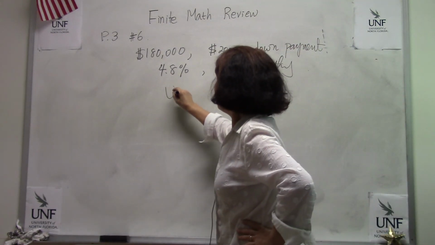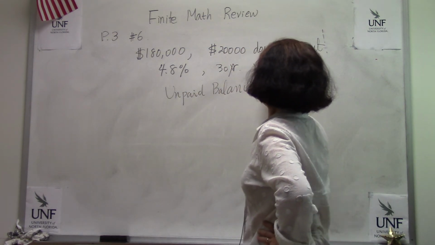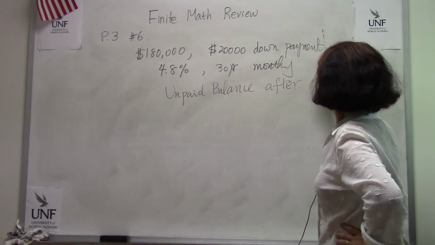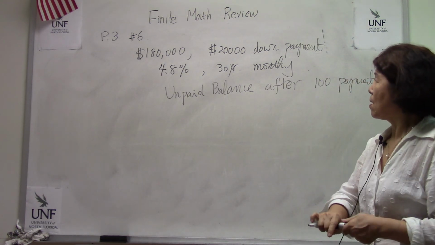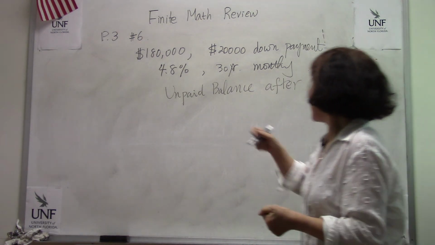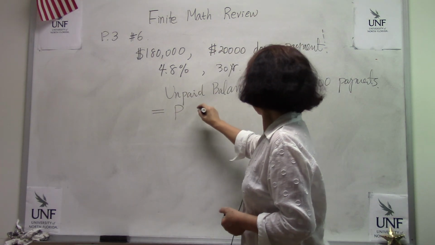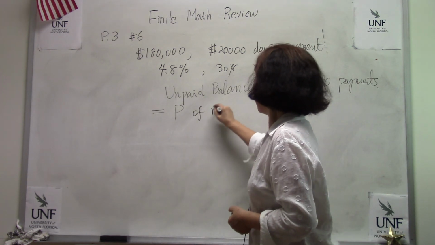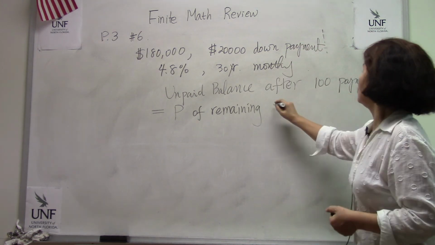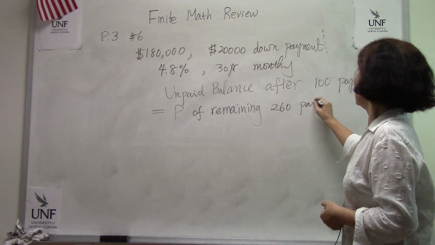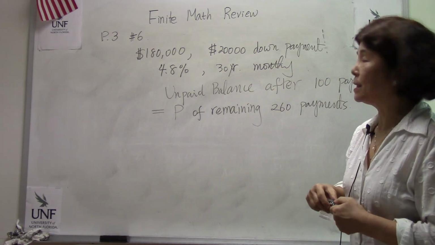So the unpaid balance after these 100 payments is exactly the present value of the remaining payments. How many payments? 260 payments. This sounds simple, but it is a very complicated problem.